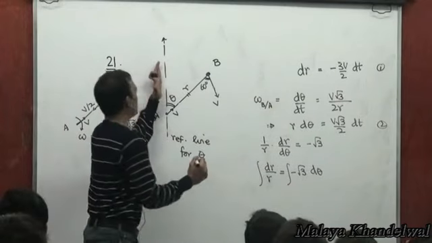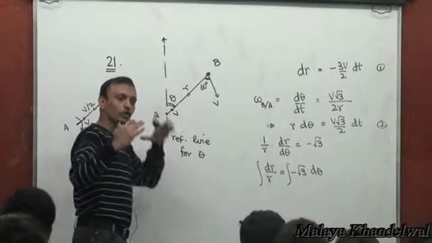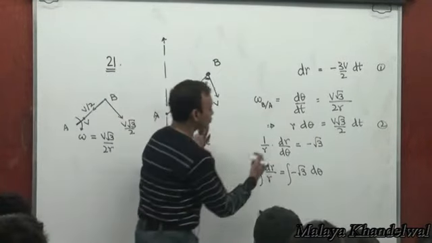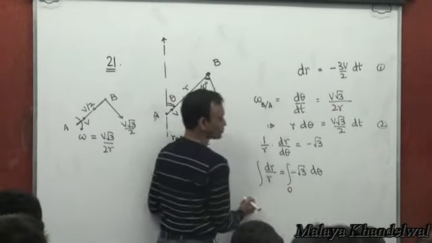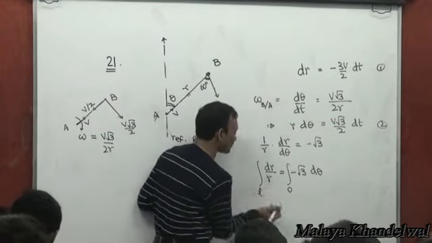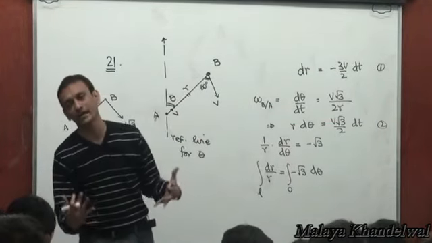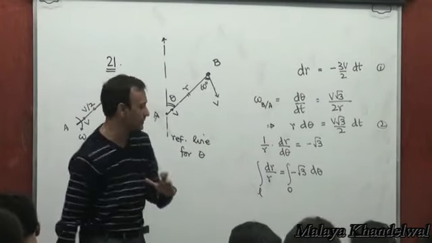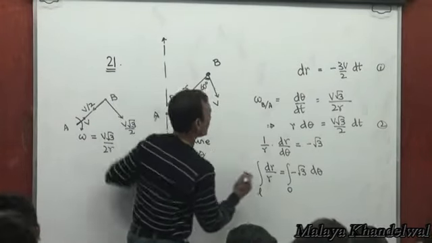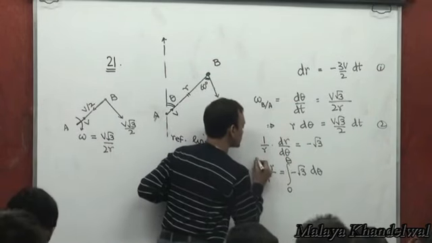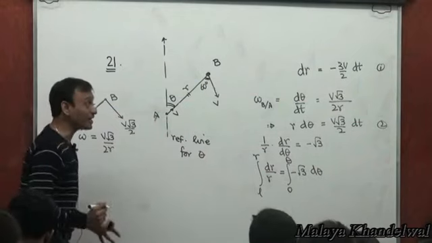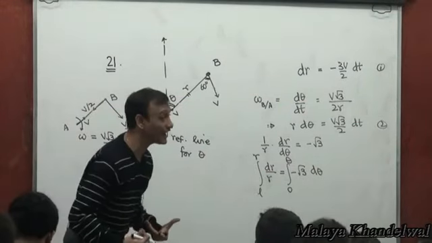The original AB was theta equal to 0. We call the original AB the reference for measurement of theta. So the original AB was theta equal to 0 when r was L, the original configuration of AB. And then eventually when theta becomes theta, separation between A and B becomes R. So this R and theta is with respect to A, right?